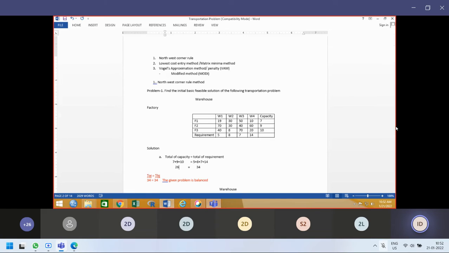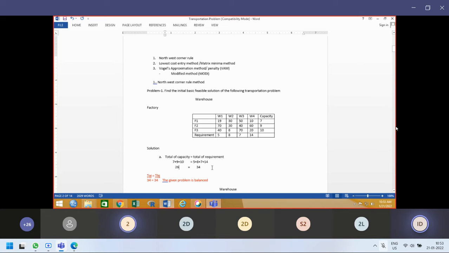Now 26 is not equal to 34. Is it a balanced one now? No, it is not balanced. It is an unbalanced problem.